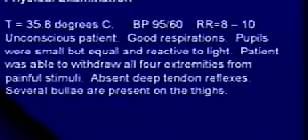The temperature is 35.8 degrees, slightly hypotensive, respiratory rate of 8 to 10. Unconscious patient with good respiration, pupils were small but equal and reactive to light, and patient was able to withdraw all four extremities from painful stimuli.